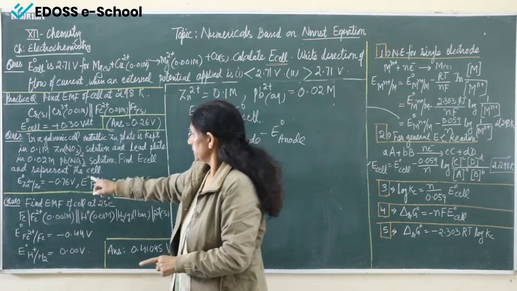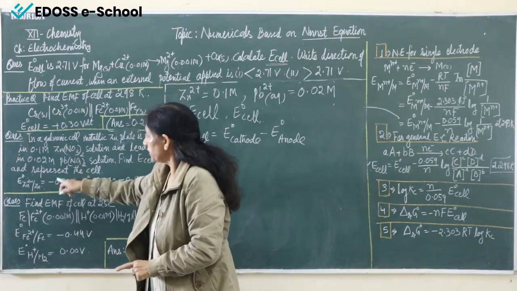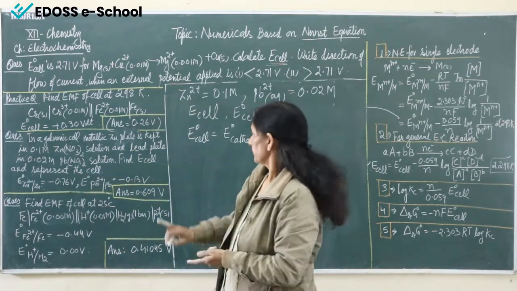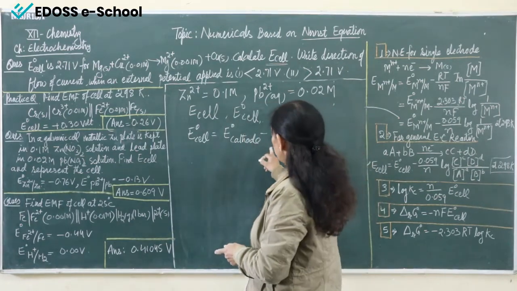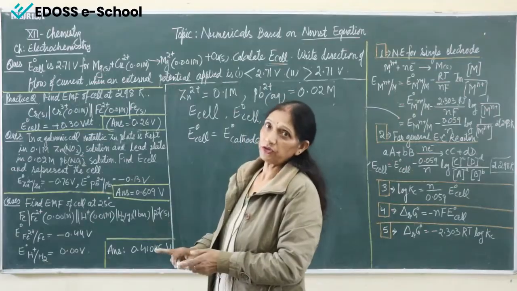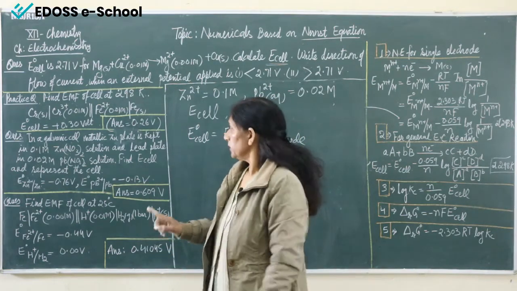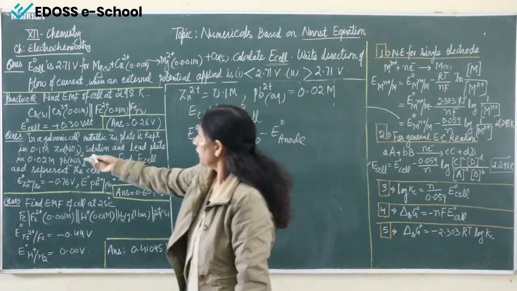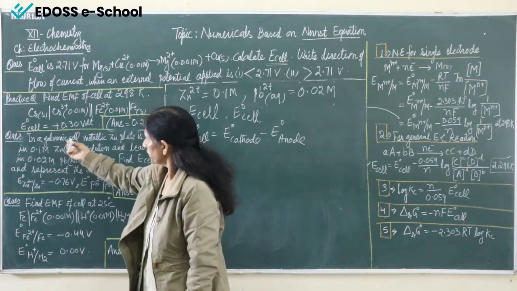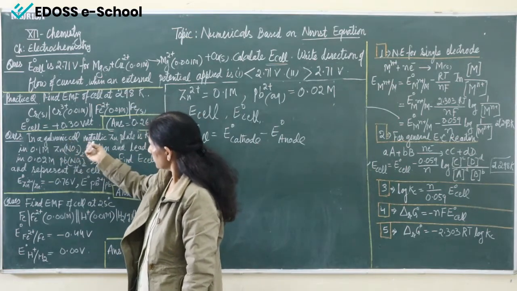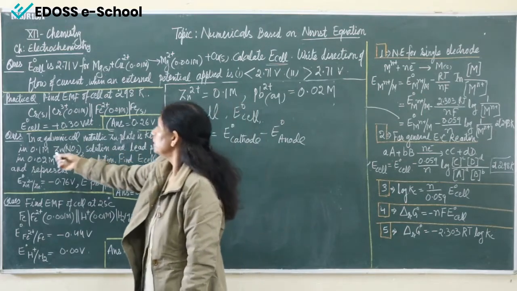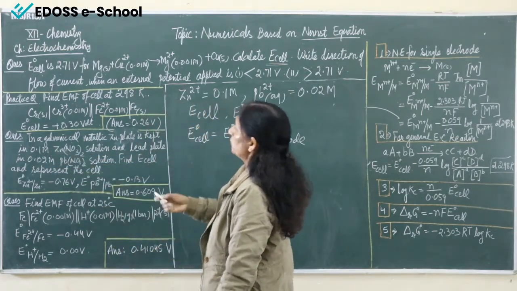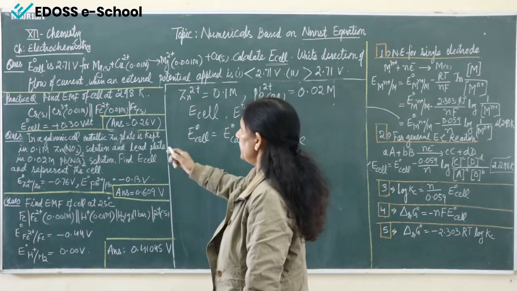Now we have to find which is cathode and which is anode. For finding it, we have to write the equation. In the question, a metallic zinc plate is kept in 0.1 zinc solution, and a lead plate.